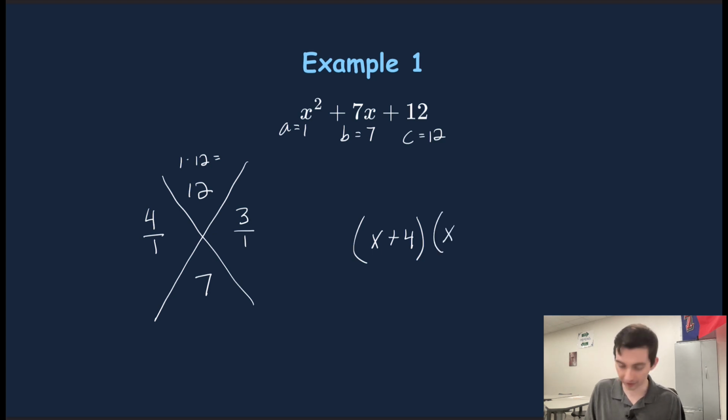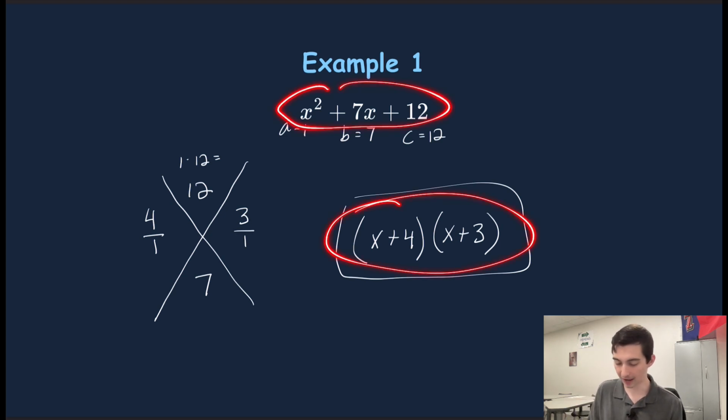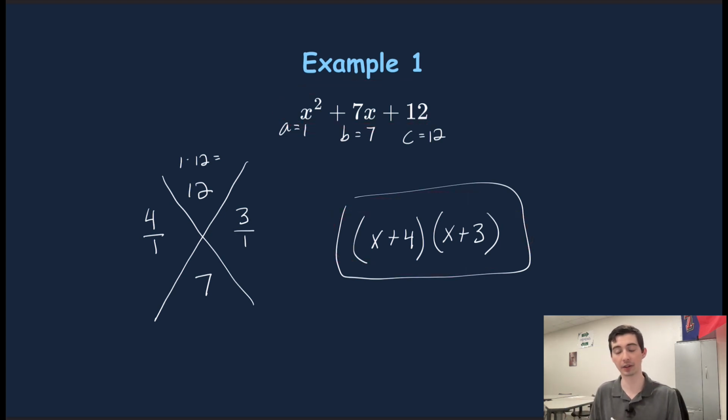And my second factor, we have 1x, and then a positive 3. And so we end up with x plus 4 times x plus 3. So this is our factored form of this quadratic. If we were to multiply this out using FOIL or the box method or any other method like that, we would indeed end up back up here because this is just the factored form. So these are the same thing, just in different versions.